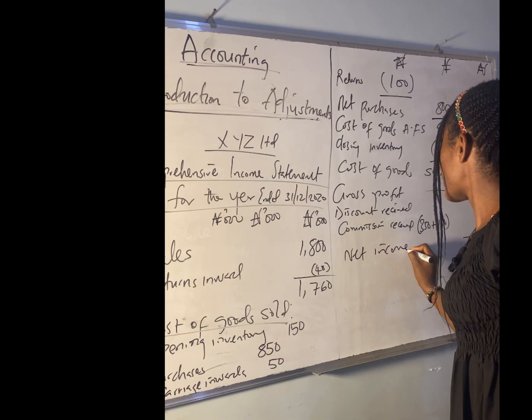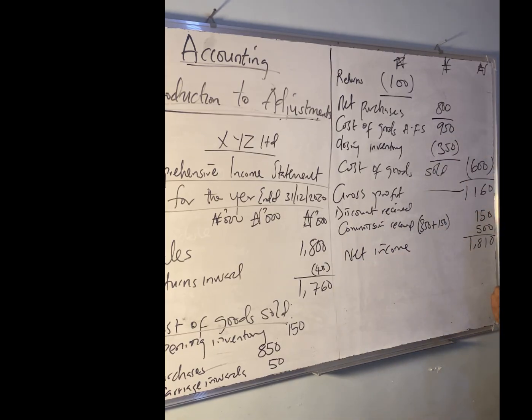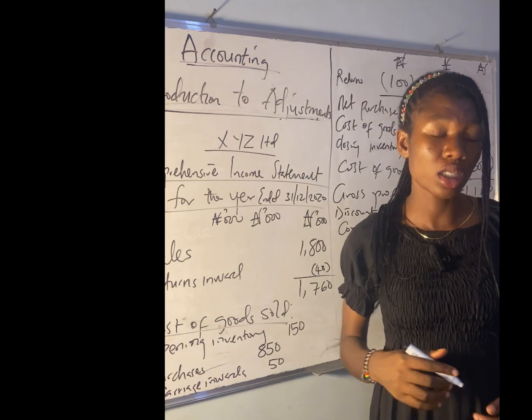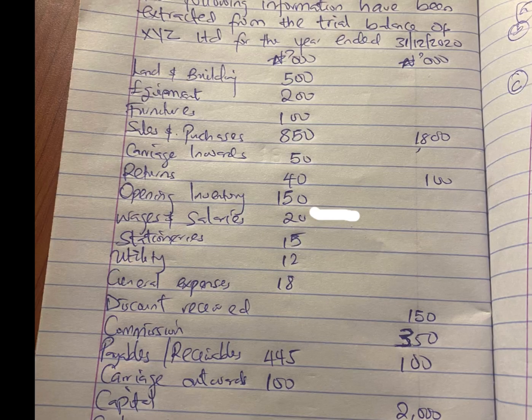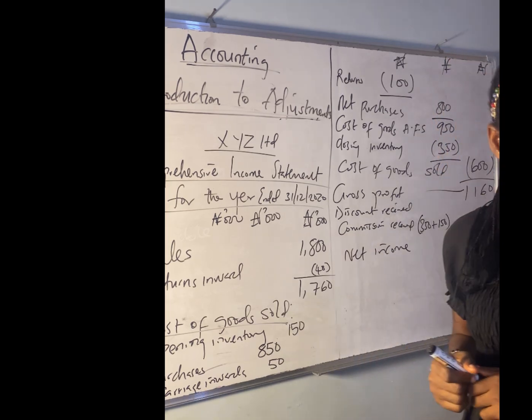All right. Once we've gotten net income, we can now less other expenses. So let's go for the other expenditures. We have wages and salaries, stationeries, utility, general expenses, and I think carriage outward. So let's go.